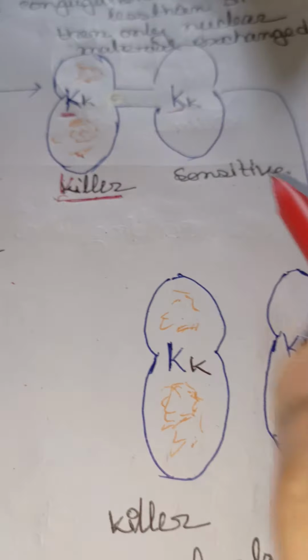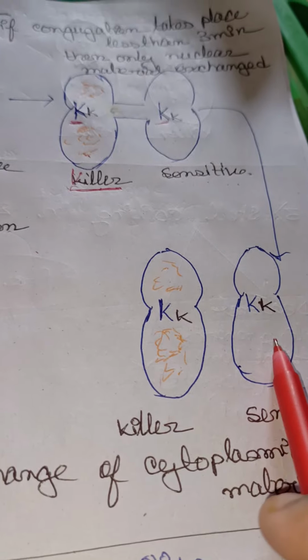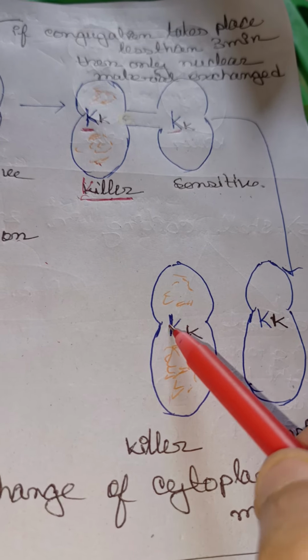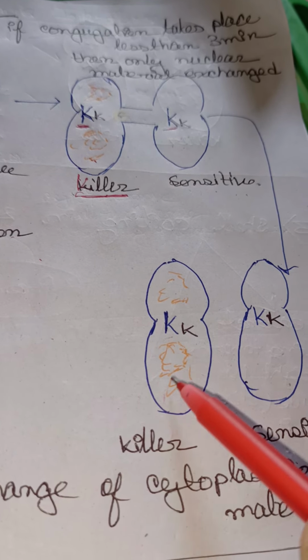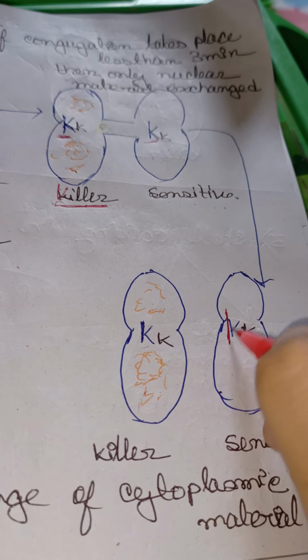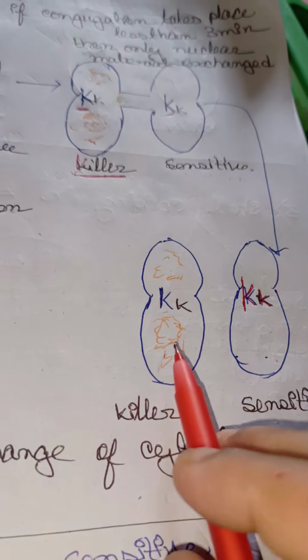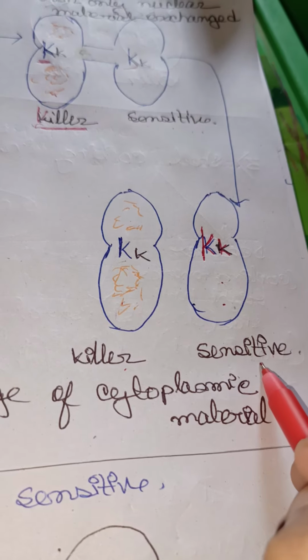So after that the bridge will be broken and two paramecium will form, one with K gene in dominant strand with kappa particle and the other with big K and small k without kappa particle. So one will be the killer strand, the other will be sensitive.